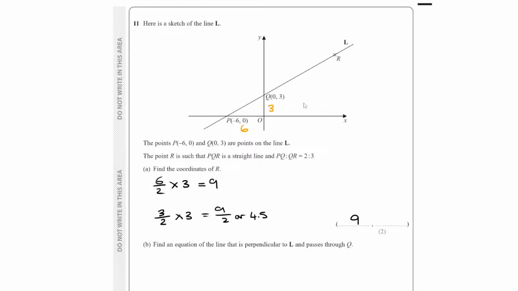However, that's not the actual coordinate because you see how vertically, this is for x, isn't it? And this is for y. You see how vertically we're starting at 3 and then we're going up by 4.5? So like this is a distance of 9, 4.5. Now the 9 was starting at 0, so that's fine, but the 4.5 starts at 3, so you'd have to add on the 3. So you'd get 7.5.